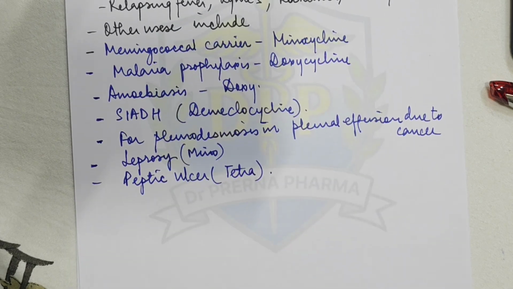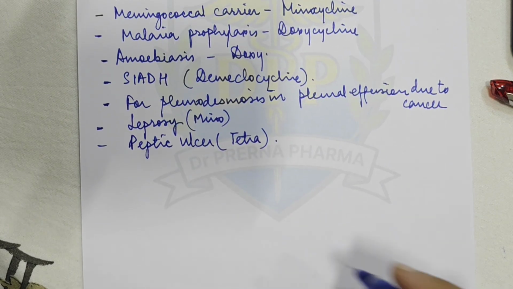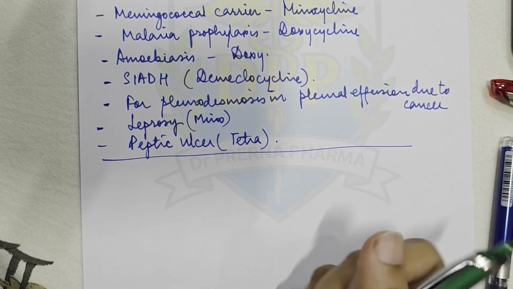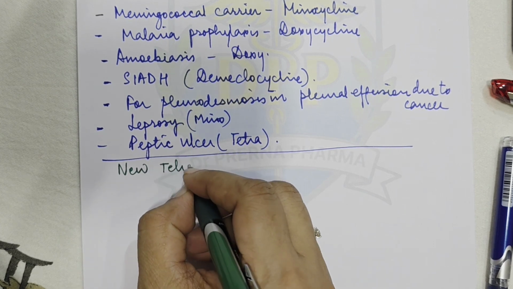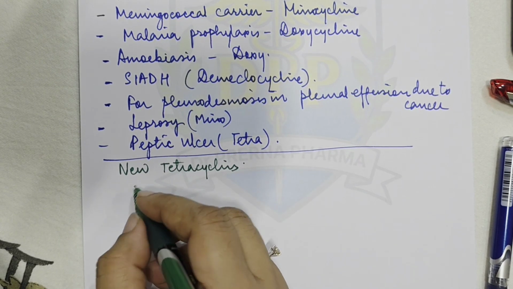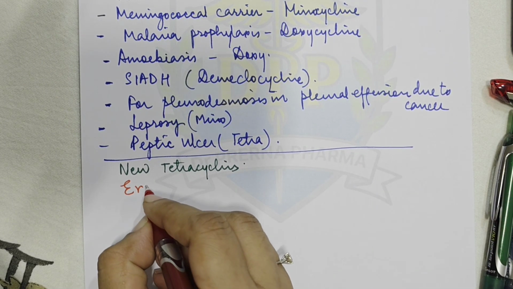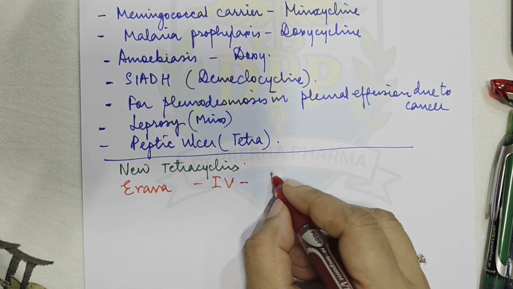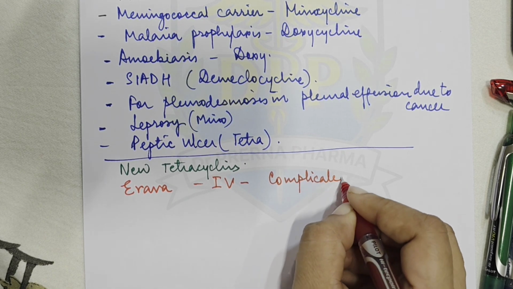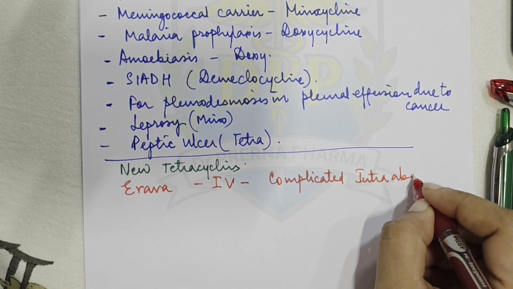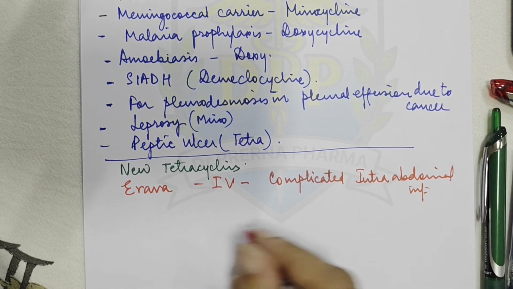Okay. Now coming to the new tetracyclines. Eravacycline is given IV. It is used in complicated intra-abdominal infections.